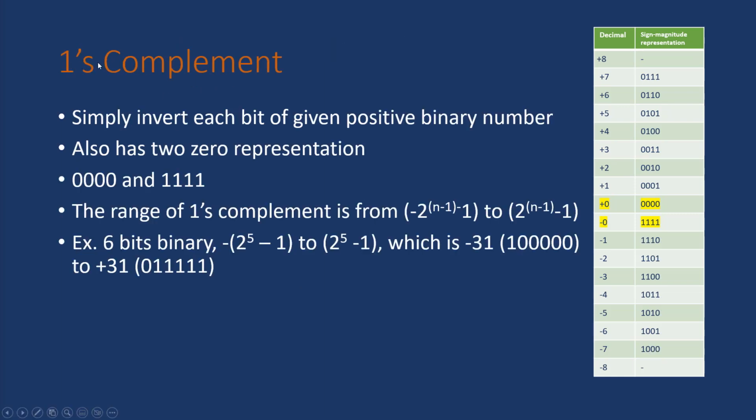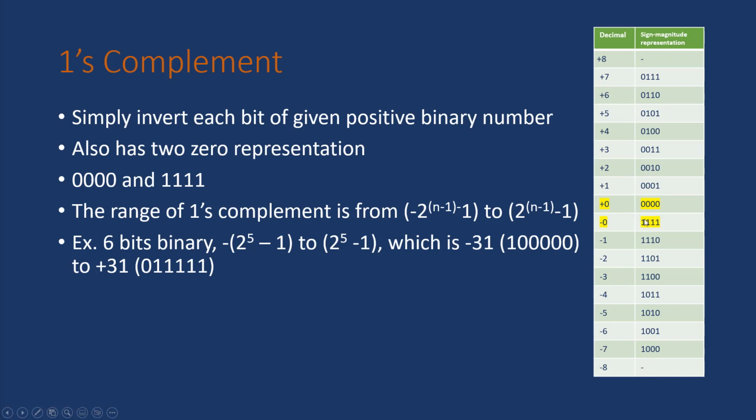The second way to represent signed numbers is ones complement. How to do it? It's simply inverting each bit of the given positive binary number. For example, this is 1, 0, 0, 0, 1, and this is 0.